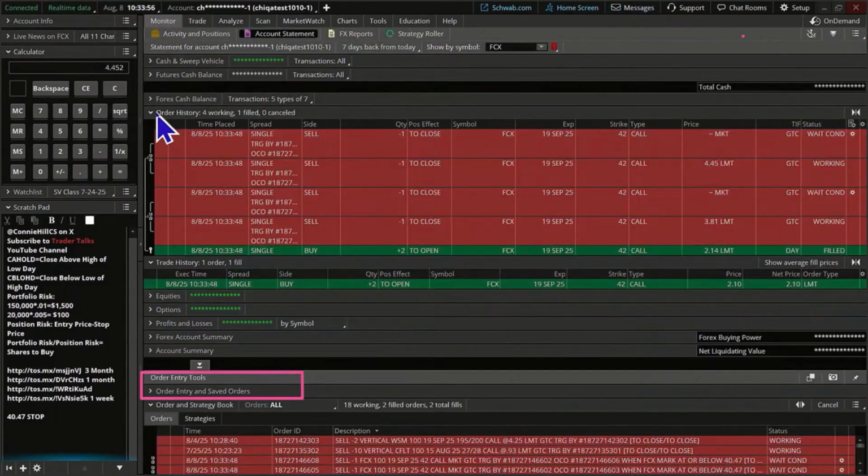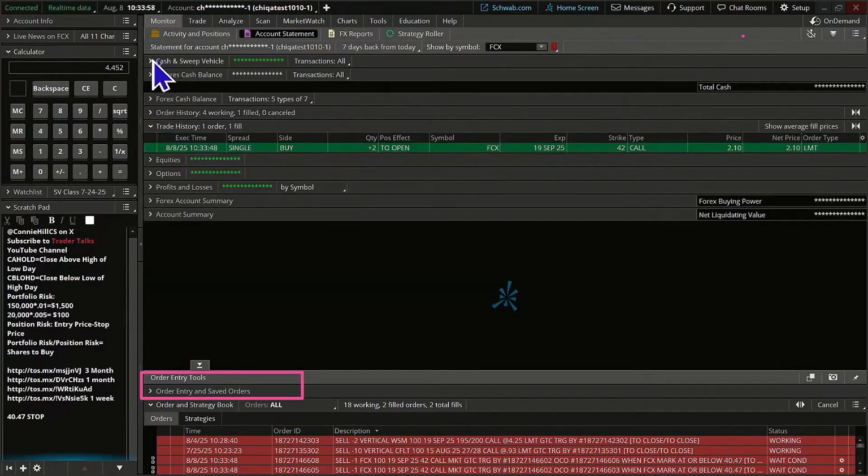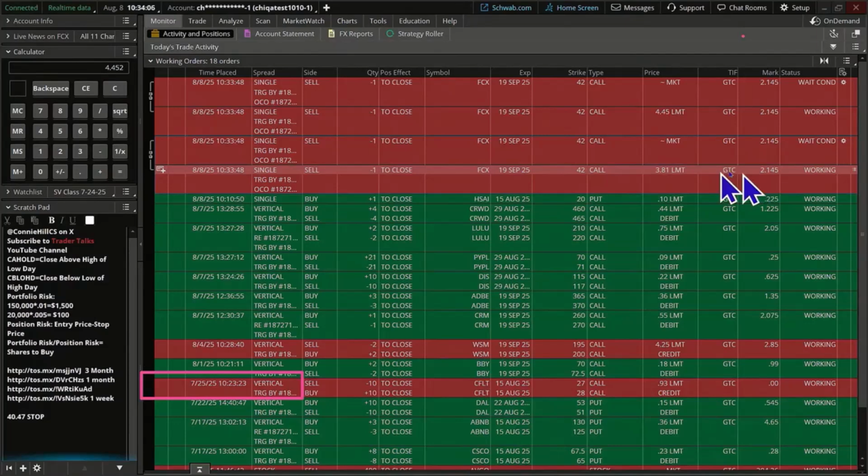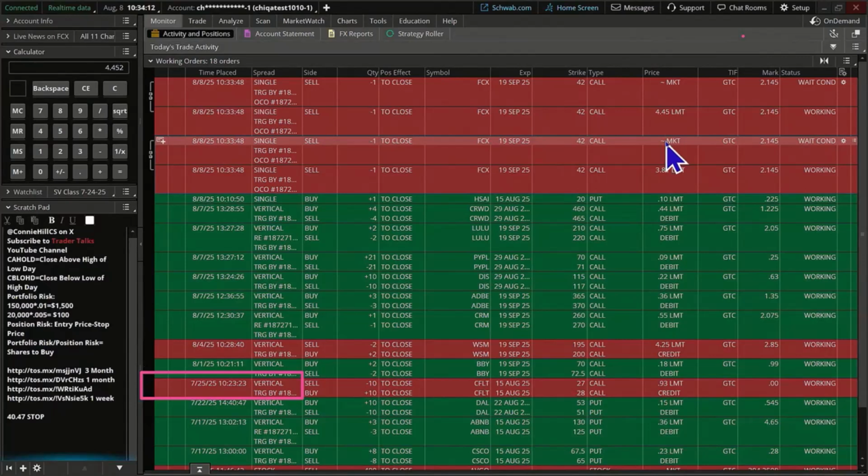So once you have that position, suppose you did want to change that, Harry, you could come into your working orders, and suppose you only had one of them left. You could find which one is the stop. The one with a market is the one that's really a stop for us. It has conditions. You could come in and change it to be a stop loss of any sort. Could be trailing, could be whatever you want it to be.